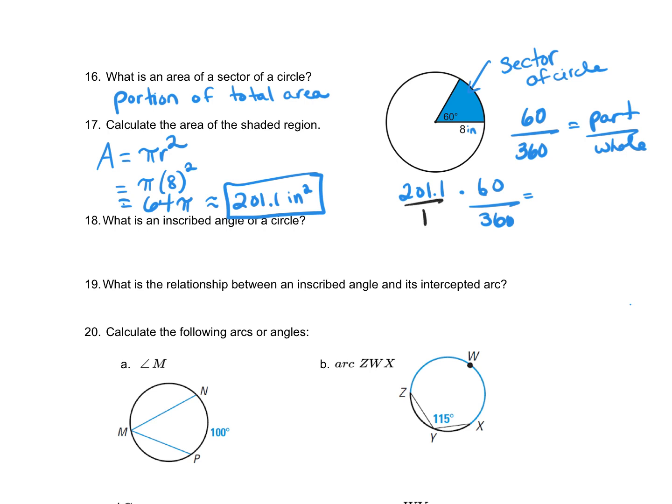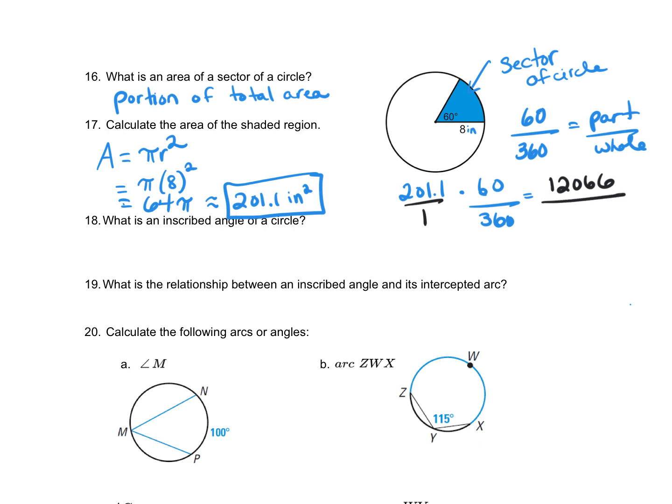Now, for the most accurate answer, I'm going to multiply the fraction times the total area. So I'm going to do 201.1 times 60, and I get 12,066 when I multiply straight across.